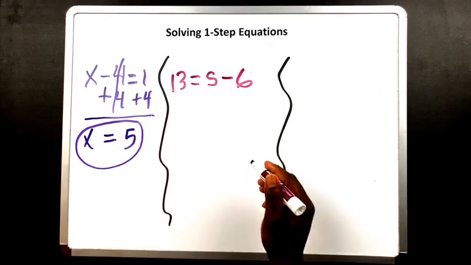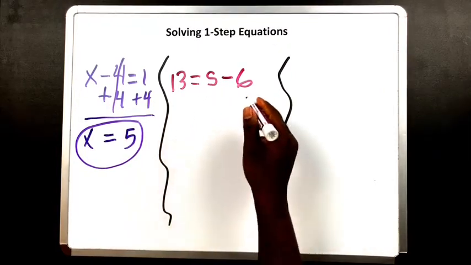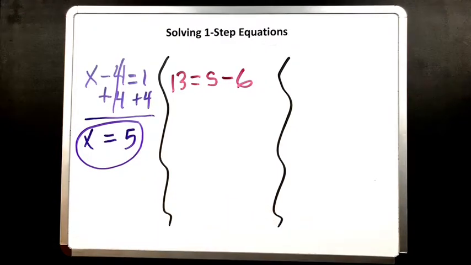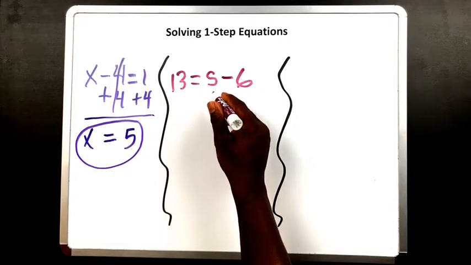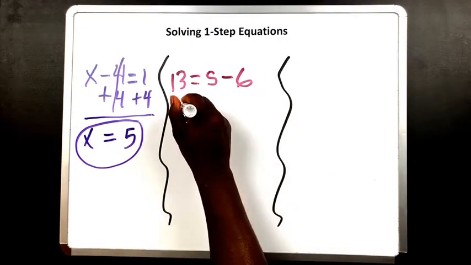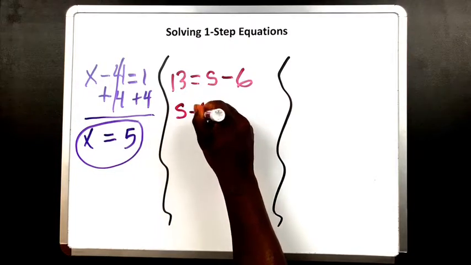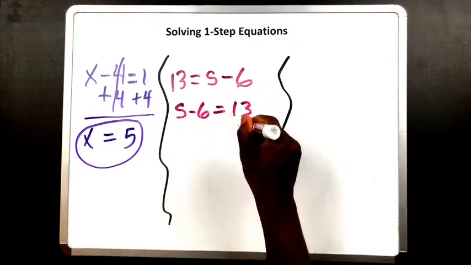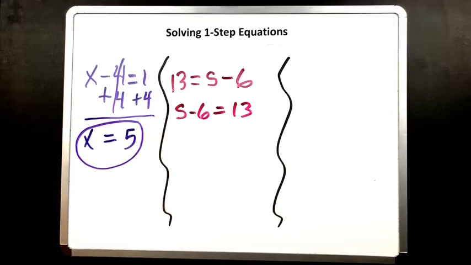We can rewrite this, or we can solve it. I'm just going to go ahead and rewrite the equation to make it look like it does over here, where the variable comes first. So I have s minus 6, right, equals 13. Did I have to rewrite it? No, but I decided to do that.